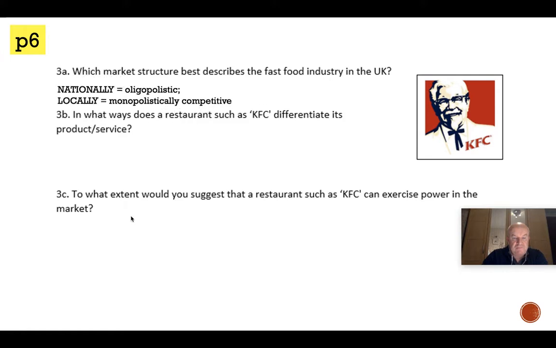So in this instance, actually, you could argue that there are two structures at play, okay? Because if you think about it in a local sense, we have got a monopolistically competitive situation going on, haven't we? We've got lots of local takeaways, each having a slightly different offer, and to some degree being able to influence their price to a point.